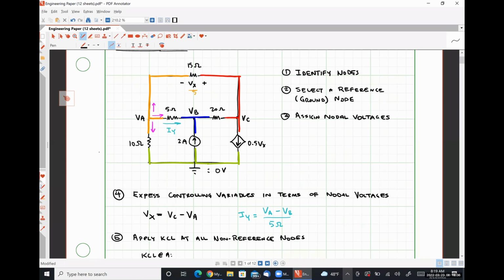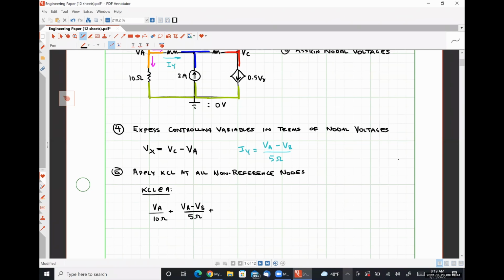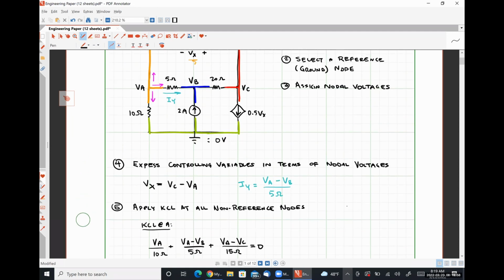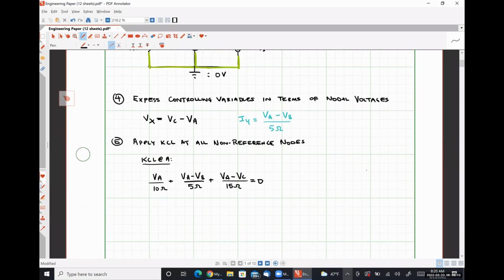So it should be Va minus Vc over 15 ohms. We set this equal to 0. We had 3 currents leaving node A. There are 3 terms in our KCL at node A expression. So I feel like we're at a good place to stop with that one. Now we're going to move along to node B.